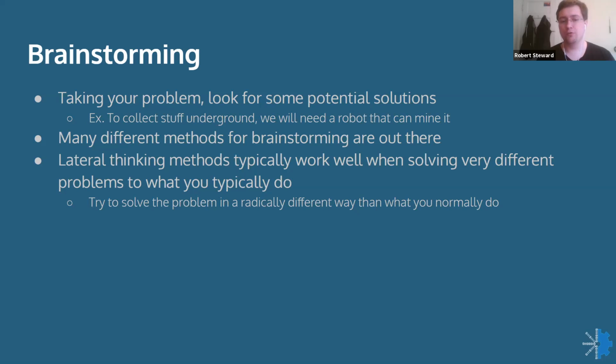But really, when it comes to brainstorming, you don't want to focus on the feasibility of everything. You really want to just throw everything at the wall, and then as we continue through the process of decision making, you'll start to find the things that stick and the things that work better and better.